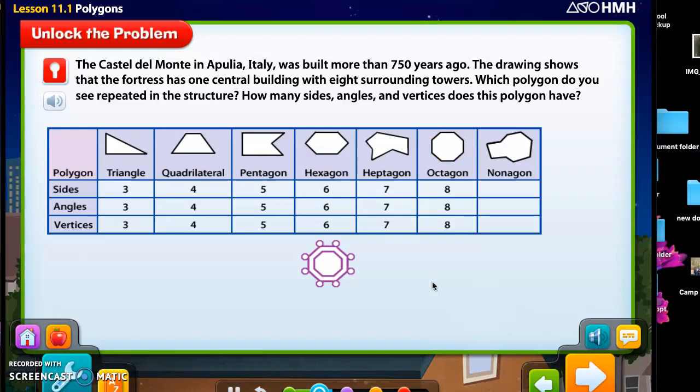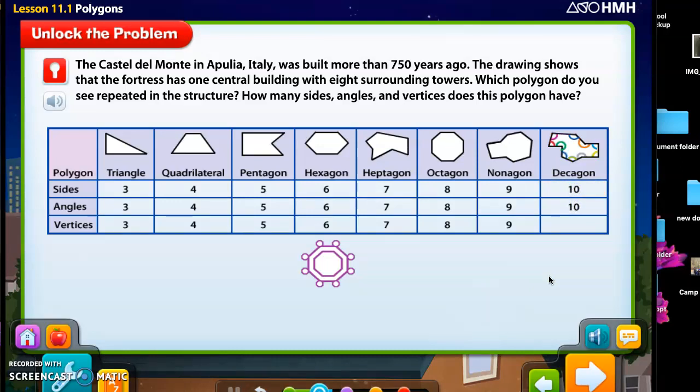What are the characteristics of the next polygon, the nonagon? The nonagon has 9 sides, 9 angles, and 9 vertices. Lastly, there is the decagon. The decagon has 10 sides, 10 angles, and 10 vertices.